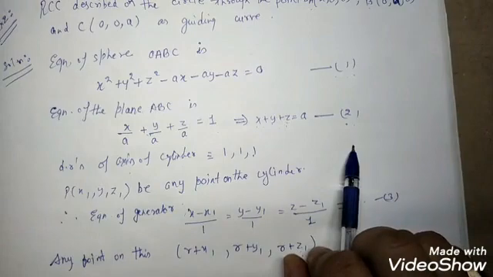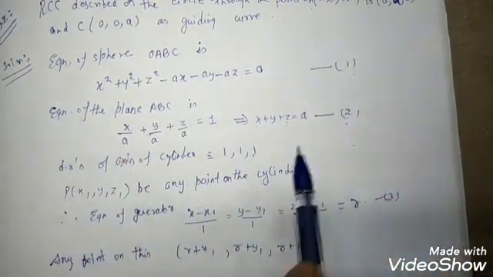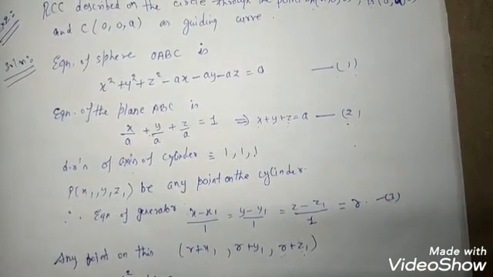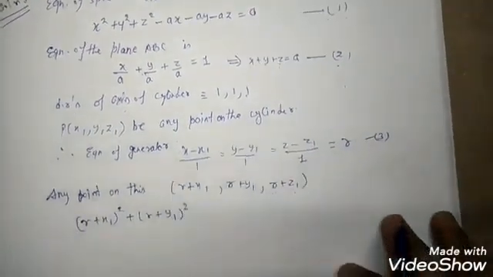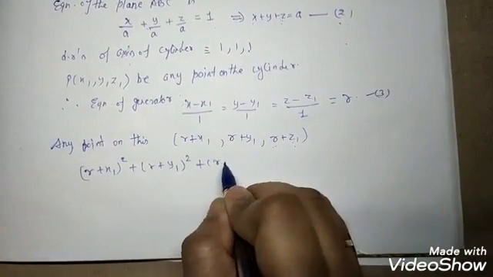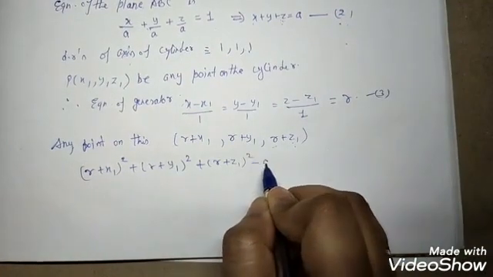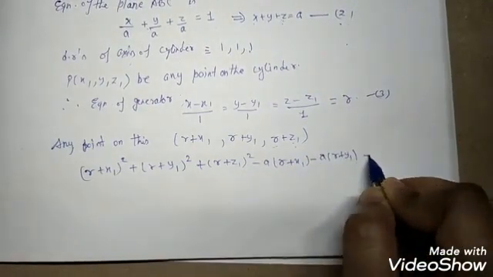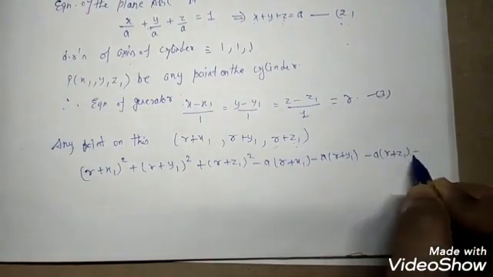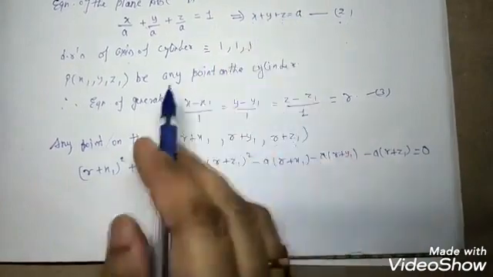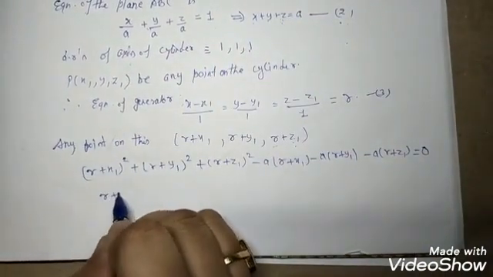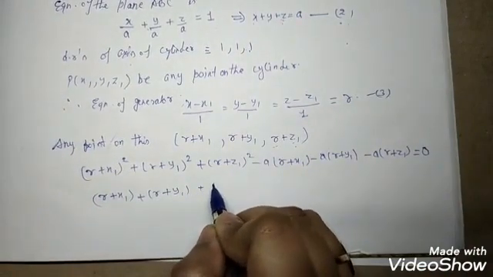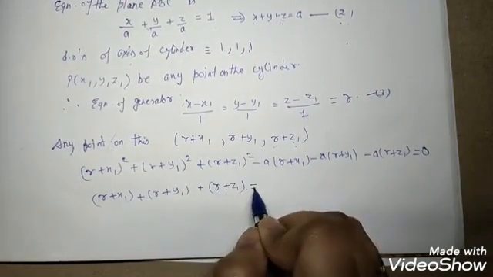So putting these points in equations 1 and 2, we have (r plus x1) whole square plus (r plus y1) whole square plus (r plus z1) whole square minus a(r plus x1) minus a(r plus y1) minus a(r plus z1) equal to 0, and putting this in equation 2 we have (r plus x1) plus (r plus y1) plus (r plus z1) equal to a.